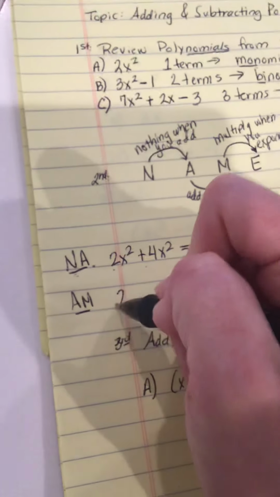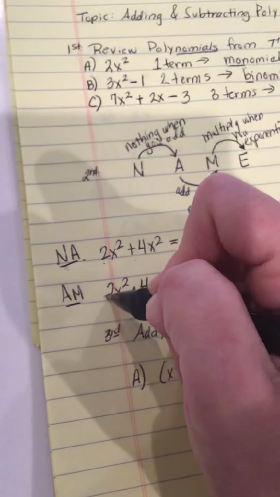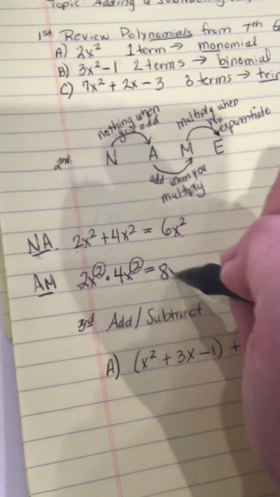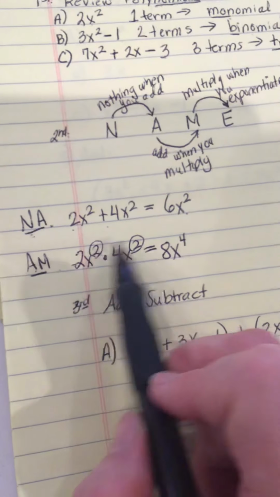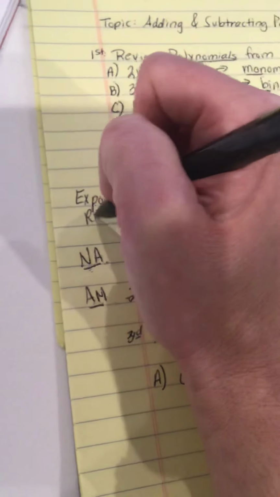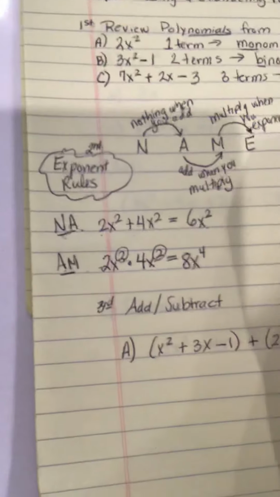If I had 2x squared times 4x squared, I would do 2 times 4 and get 8, and I would add 2 plus 2 and get 4. So that's what I mean by add when you multiply. I'm talking about your exponents. Okay, this is regarding exponent rules. Just write that right next to that name, exponent rules.